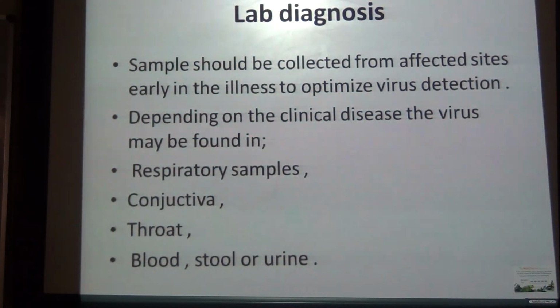And depending on the clinical disease, the virus may be collected from respiratory samples like throat swabs or nasopharyngeal swabs, from the conjunctiva, throat swabs, and blood, stool, and urine can be collected.